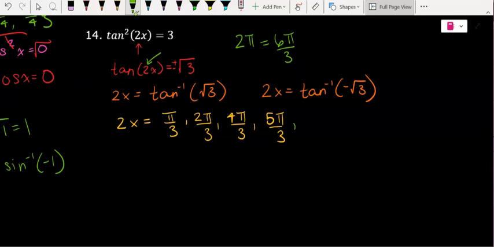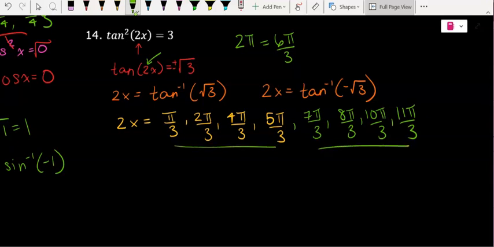So I'm just going to add 6 to all of my numerators. So that's going to get me 7 pi over 3, 8 pi over 3, 10 pi over 3, and 11 pi over 3. So this is time number 1, time number 2 around my unit circle.